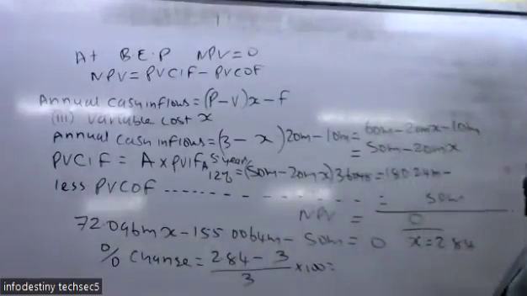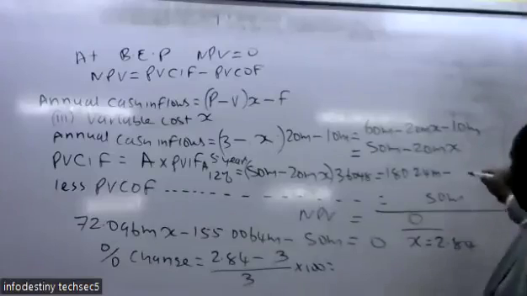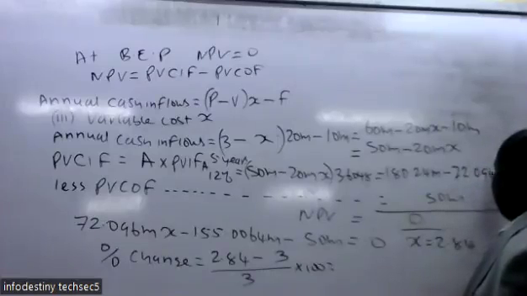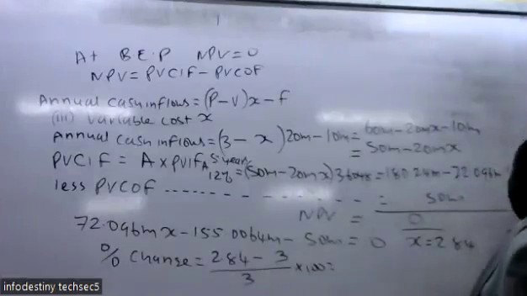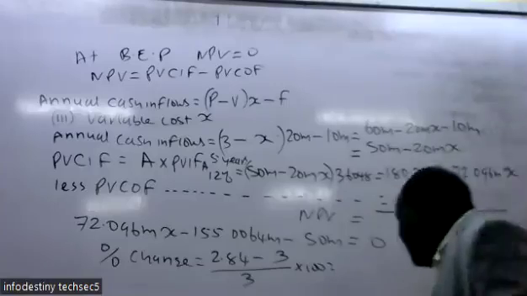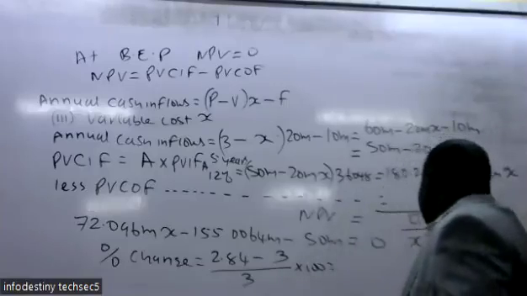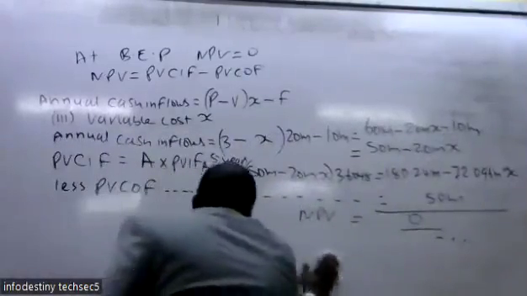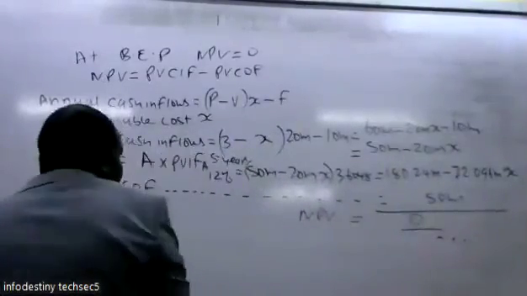So we subtract 20 millions X multiplied by 3.6048, which is 72.096 million X. The rest remains the same, so that NPV becomes 0.